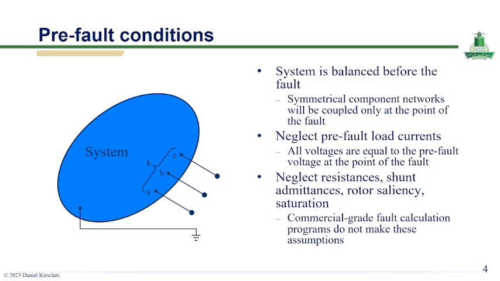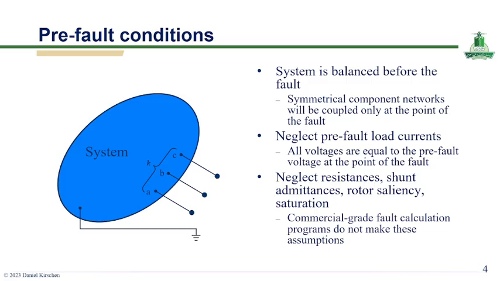To simplify the analysis, pre-fault load currents are negligible, which implies that all node voltages are equal to the nominal pre-fault voltage at the fault location. Additionally, several practical factors such as resistances, shunt admittances, rotor saliency, and magnetic saturation are ignored to reduce complexity and allow for analytical solutions.